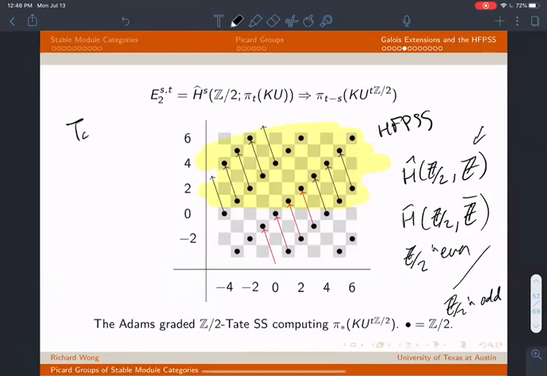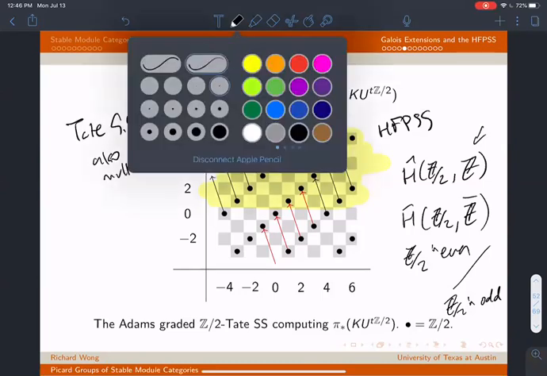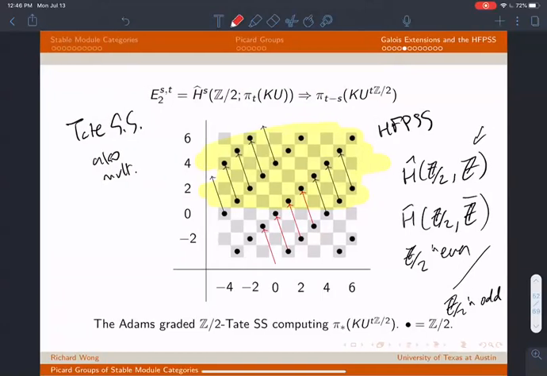Moreover, the Tate spectral sequence is also multiplicative. And so importing this d3 allows us to import and then propagate all of these other d3s.